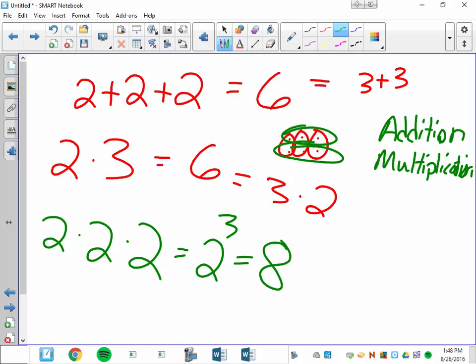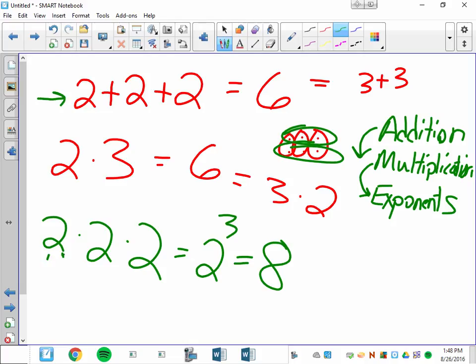Well, exponents are just multiplication, and multiplication is really just addition, right? So we can turn addition into multiplication, and then we can turn multiplication into exponents. And oddly enough, this is just a continuation of what's already there.